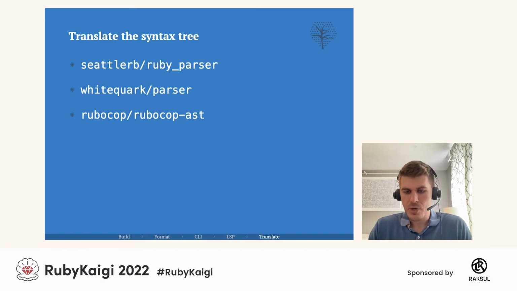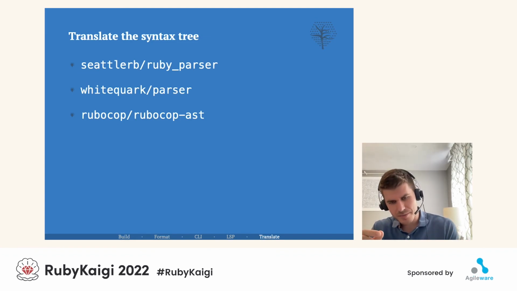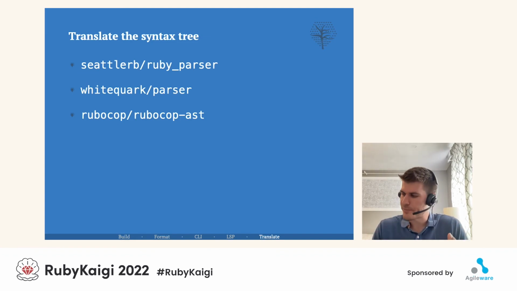So over the years, various static analysis tools have been built on top of these things, like Reek, RuboCop, Fasterer, any number of things, Solargraph. All of these things use these tools to build additional tooling, and RuboCop isn't going away anytime soon, and we wouldn't want it to, but it uses the parser gem, so it's always necessarily going to be just a little bit behind the standard library parser.